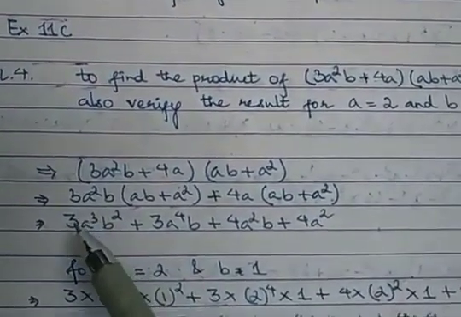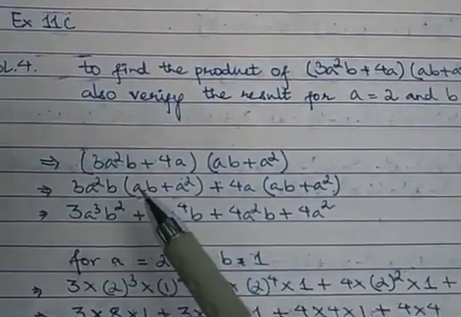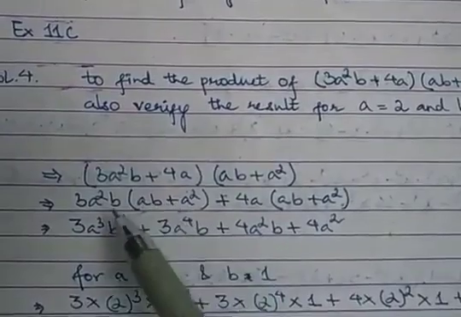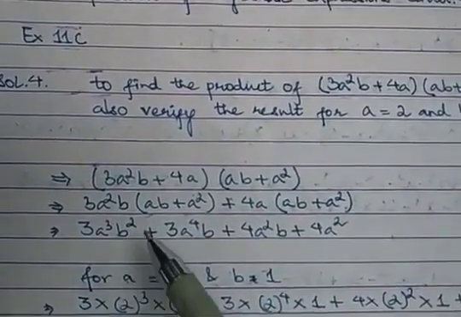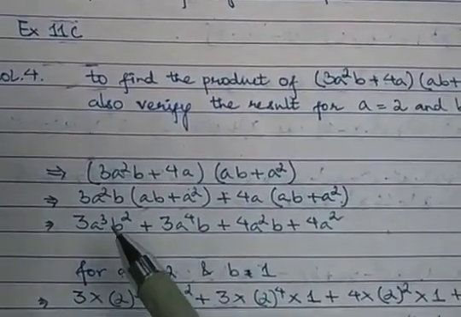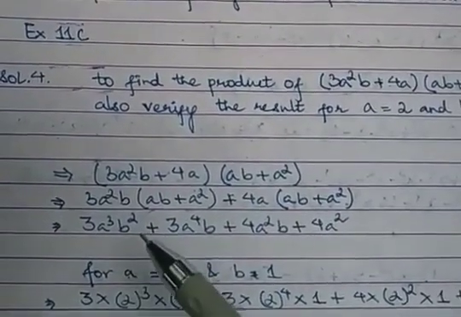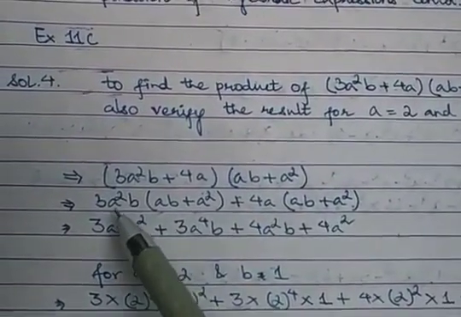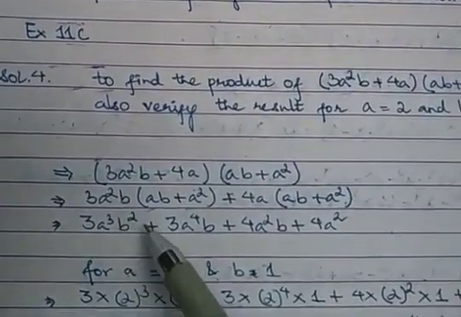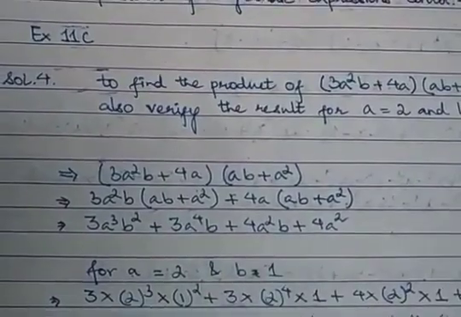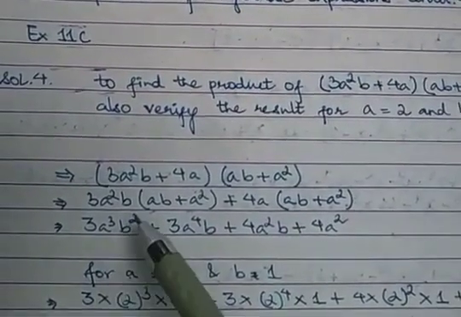After opening up the bracket, and bracket means multiplication, now we need to multiply the terms. I've just skipped one step as well. That is why I said not each and every step is important. If you practice well, then you can skip the steps as well. I haven't shown here 3a squared b into ab, that line I have skipped, so I have done it directly.